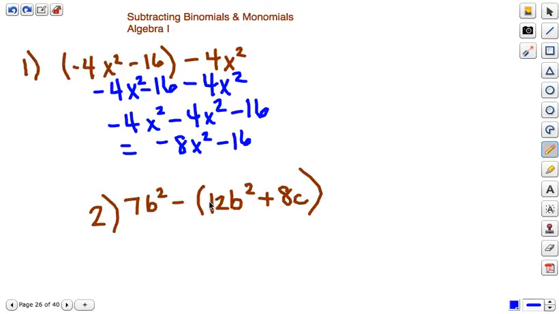7b squared minus 12b squared plus 8c. So we're going to go ahead and we'll just start by writing the first monomial, the 7b squared. Now we have to distribute this subtraction to each term in the binomial.